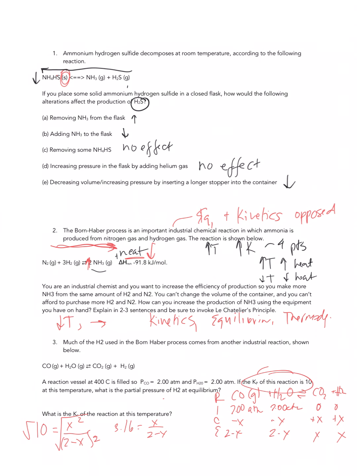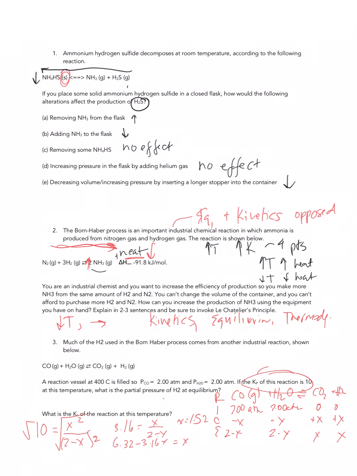All right, so 6.32 minus 3.16X equals X. X is equal to 1.52. So the partial pressure of H2 at equilibrium is going to be 1.52.